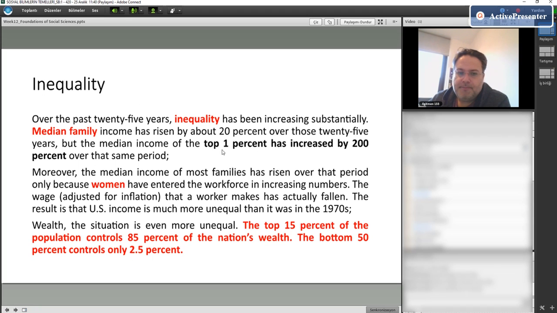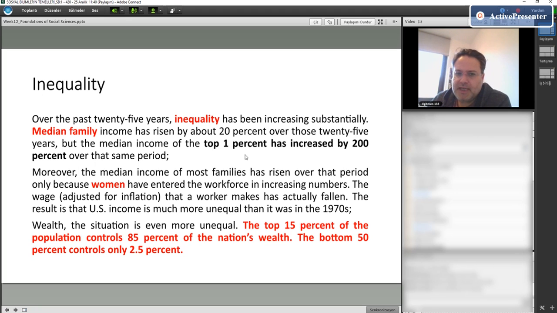So when we take a look at the median income of the top 1%, the upper class, it has increased by 200% over the period. This is huge.